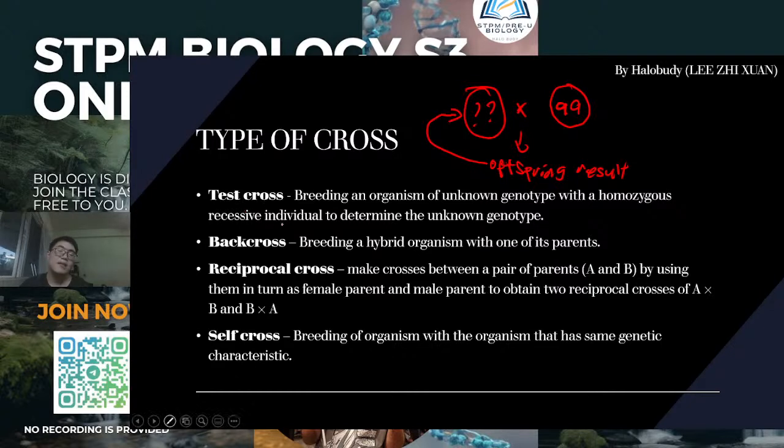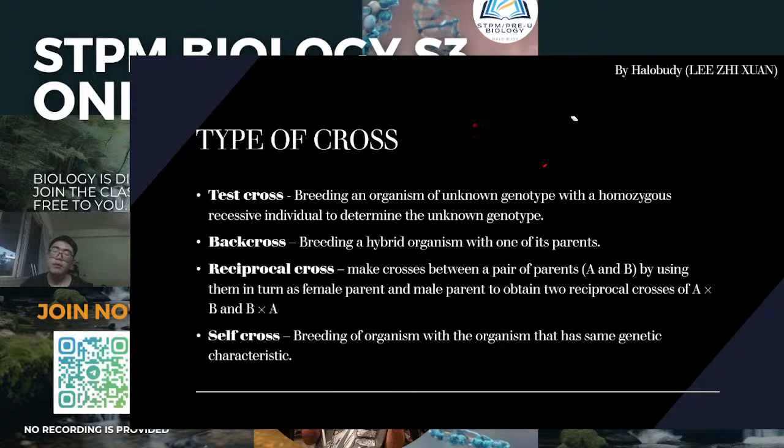Next is the back cross. A back cross is the breeding of a hybrid organism with one of its parents. So when you have this organism, and when fertilized, it will get this hybrid one.